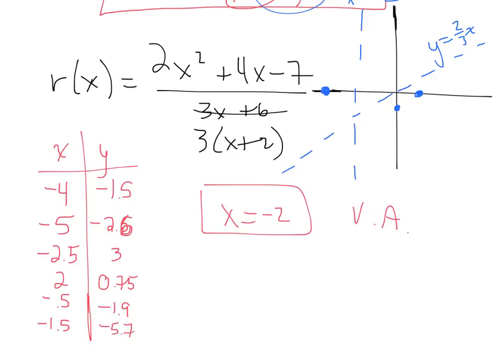Okay. So let's graph these, let's plot these points. Negative 4, negative 1.5. So here's negative 3, negative 4, negative 1.5. Negative 5, negative 2.6. Negative 2.5, comma 3. So we can see the curvature of the upper part of this graph.